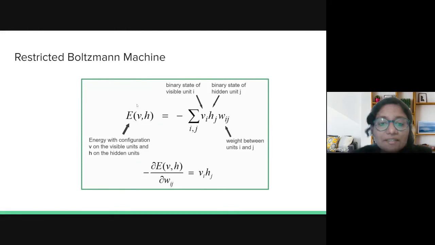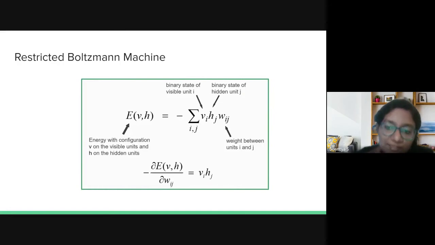So we develop this notion of energy between the visible and the hidden states, and say that if the input is on and the hidden state is on, then we take the weight between them. We will also have a different notion for the positive and the negative weight, which is taken by the sign of the weight here.